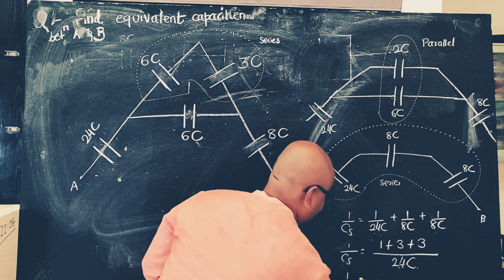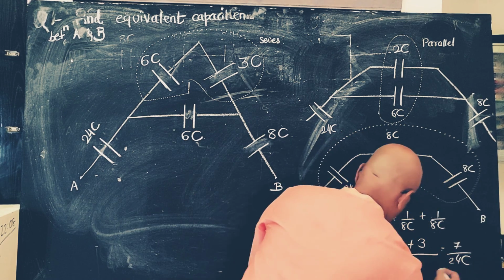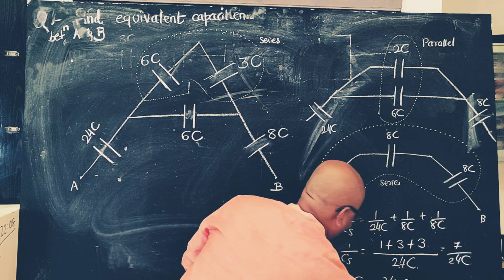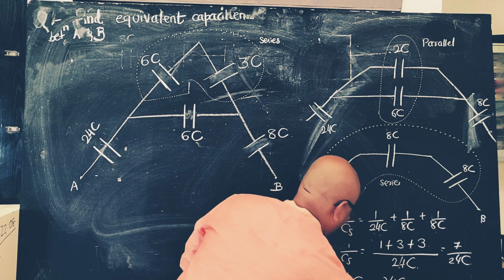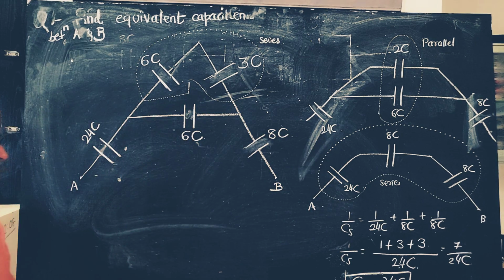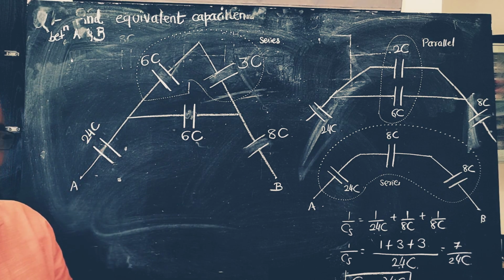So what is this equal to? 7 upon 24C. The equivalent capacitance is equal to 24C upon 7. So your answer is 24C upon 7. Got it?